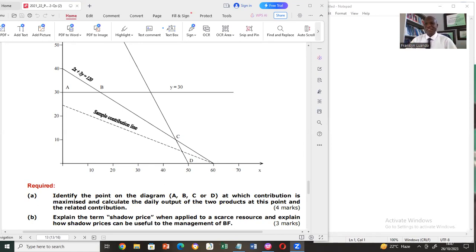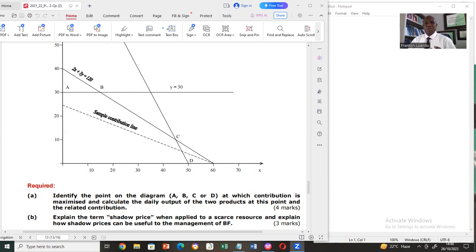In today's presentation, I'm going to discuss linear programming, where we are going to use the graphical approach. The graphical approach is used to determine the optimum production, which will maximize the contribution and therefore the profit.